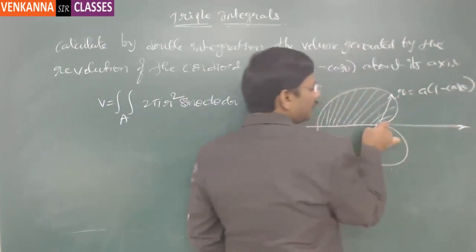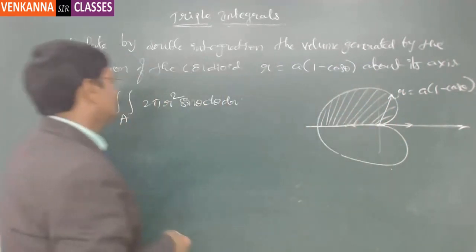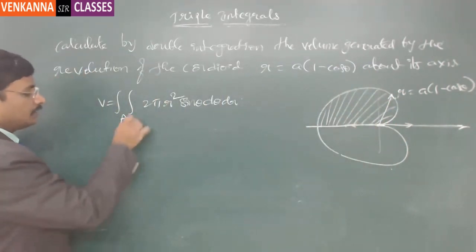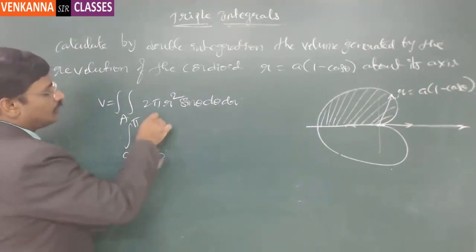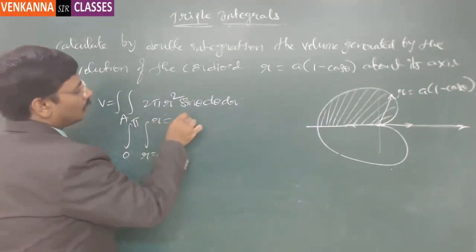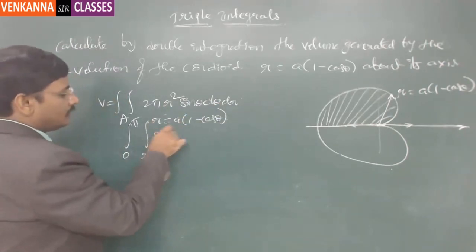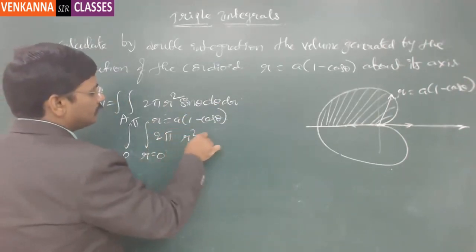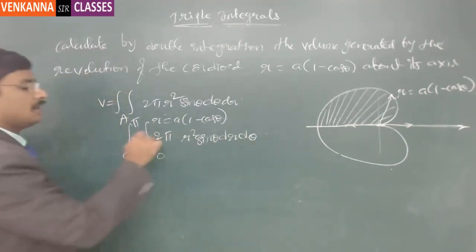Now this started with 0 degrees and ended with 180 degrees. That's why the area limits will be integral 0 to pi, and R from 0 to A into 1 minus cos theta, of 2 pi times R square sin theta dr d theta. So you have written the R limits inside.